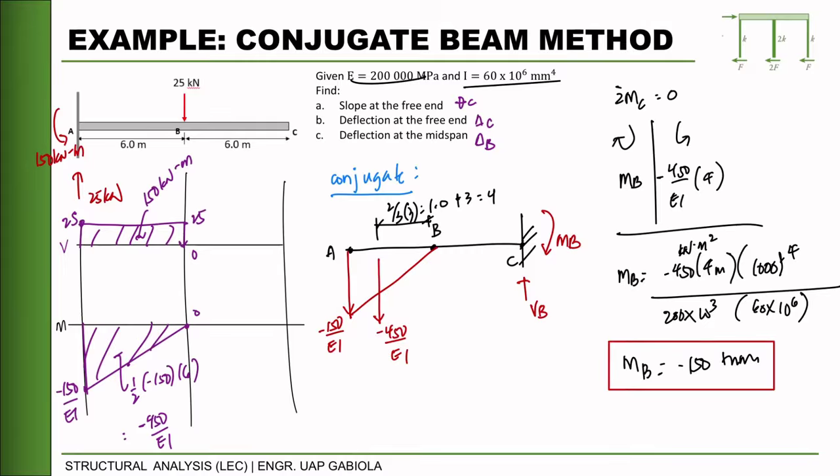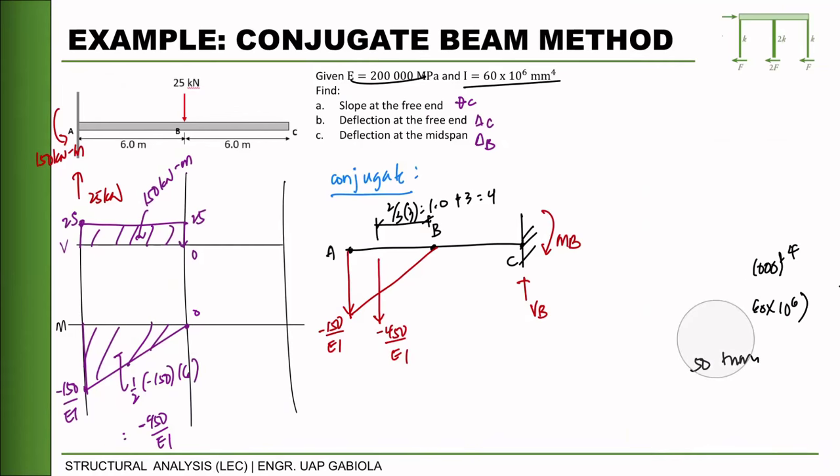Okay, next is for the deflection at midspan B. Deflection at midspan B, so let's duplicate it again here. So we need at B. So we imagine we cut the section at that location at B. Then we get the deflection, so we just need the resisting moment at B, measure the moment at B is equal to 0.